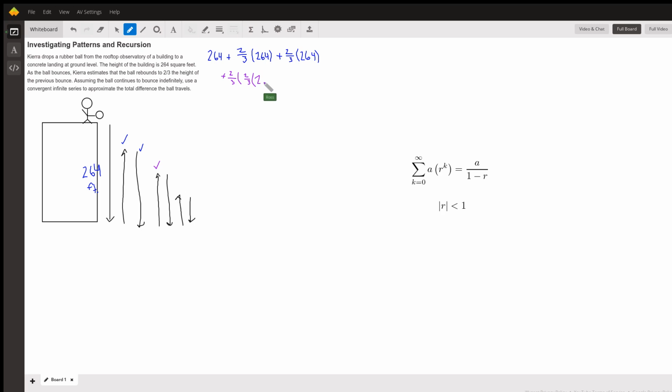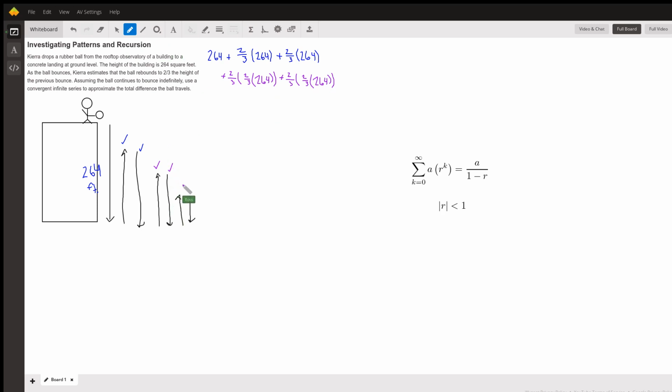So it's 2/3 of the most recent height. What I care about is the pattern that's showing up. And then again, since it needs to go back down that same distance, I need to add on that exact same number. So that'll get us back down to the ground.